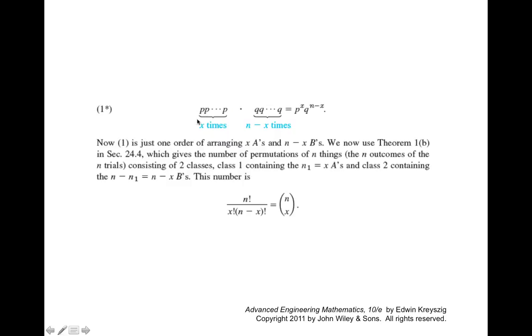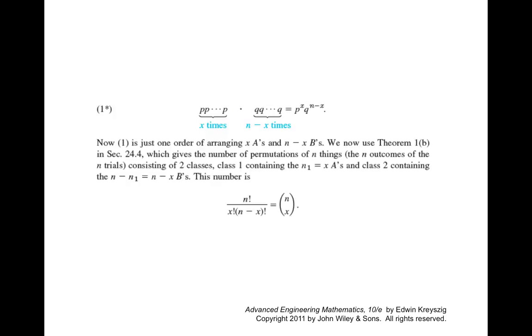So we take little p, which is the probability that A occurs, and we multiply it together x times, and then we take little q and we multiply it together n minus x times, and what we get is p to the x, q to the n minus x. So once again, p to the x, q to the n minus x is the probability that the event will occur x times, and the complement of the event will occur n minus x times.